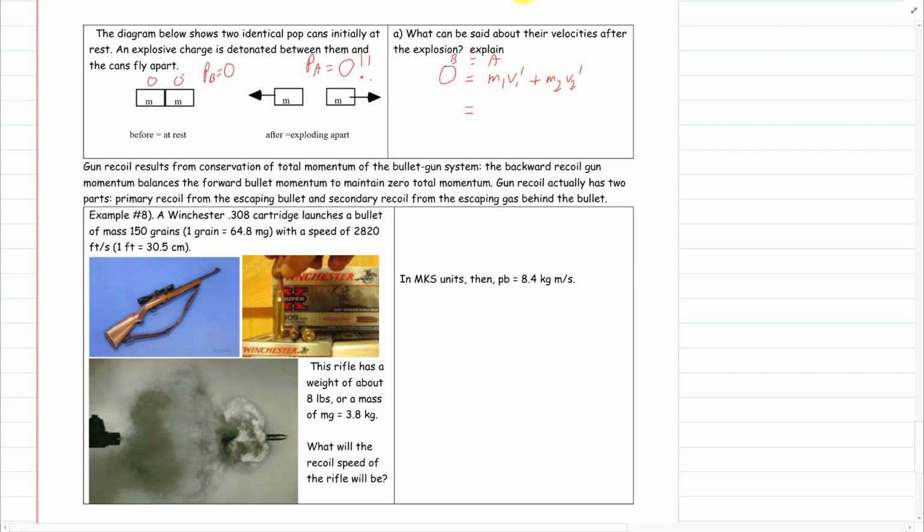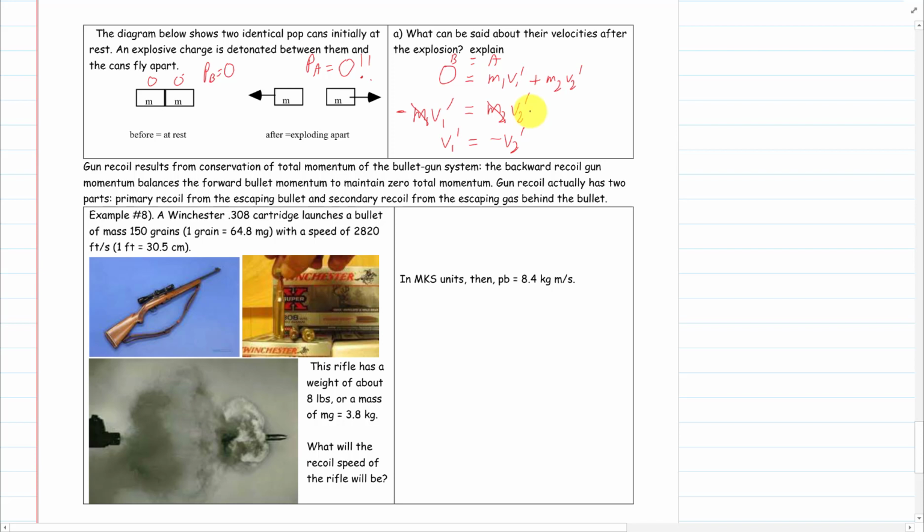We put them on either side, and we have m1v1 prime, and that's negative because I brought it over here, is equal to m2v2 prime. These masses are the same, so they cancel out. So v1 prime has to equal negative v2 prime. They have to be equal and opposite in direction.